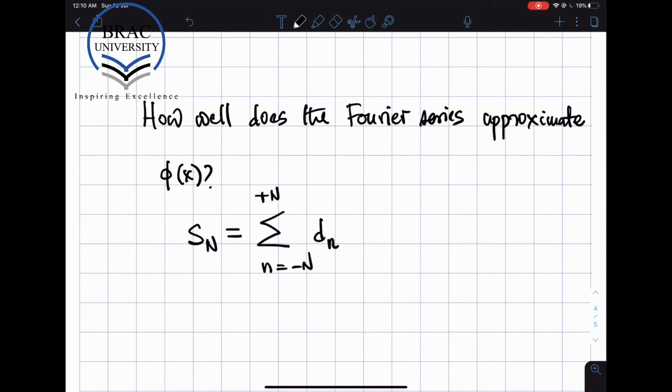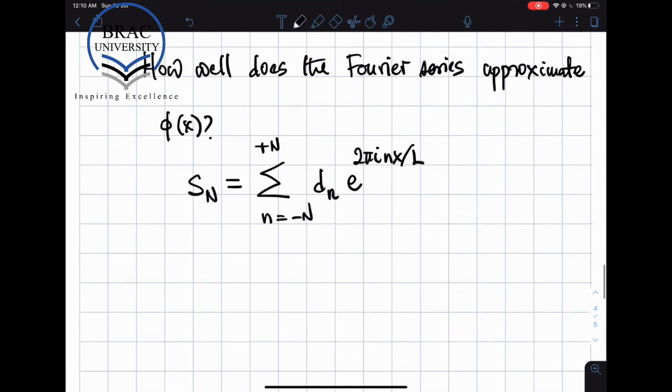Let's call them dn, and then there are the usual Fourier functions, e to the 2 pi i n x over L. I just want to point out these dn's have nothing to do with the Fourier coefficients cn's. This is some arbitrary series, a kind of partial sum, so that's why I'm calling it Sn.